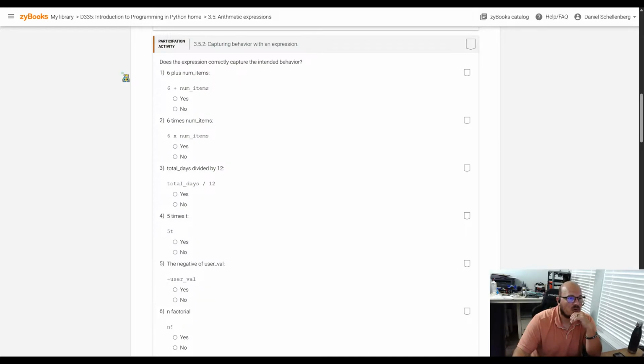Does the expression correctly capture the intended behavior? 6 plus num items. The way I'm thinking of it is, if I were to see this, I would say no, because to me it looks like this is trying to be assigned, but at the same time they may be trying to print 6 plus number of items.